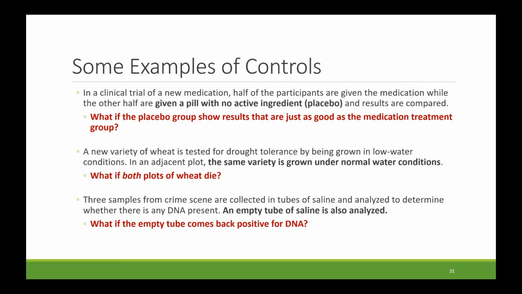Well, that would mean that there was cross-contamination. If DNA somehow got into the tube of pure saline, maybe it got into the other tubes as well from some other source. And then maybe that means it wasn't truly present at the crime scene. So this tells you that something has gone wrong in your collection process before running the test. And that's the value of having the control in this situation.